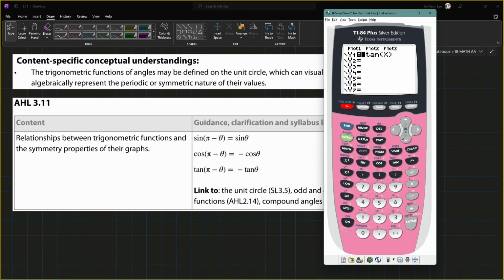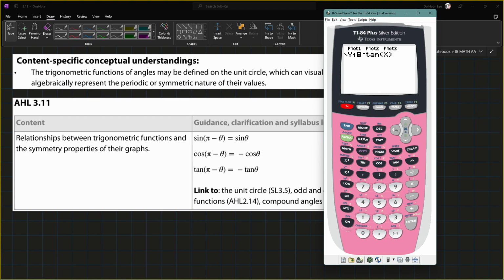So that means I have to do a horizontal reflection. So let's do the tangent of negative x. And we can see that we get the same graph. If you remember from topic 2, this explanation is the same as the odd and even function. From this, we can conclude that the tangent function is odd.